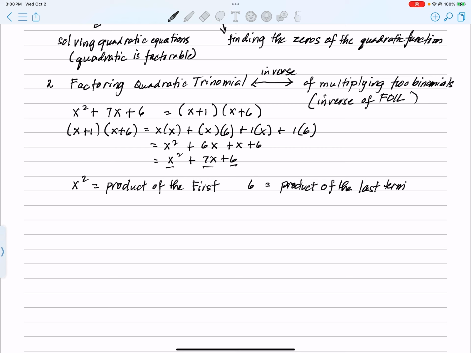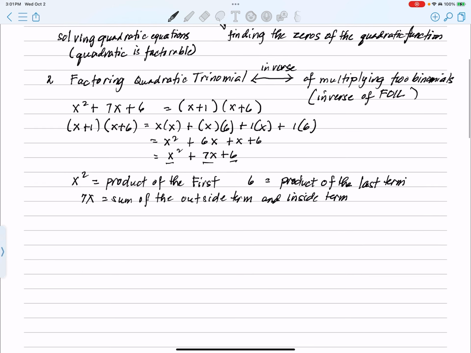So it's not the product, but it is the sum of the outside term, which is 6x, and the inside term, that is 1 times x. Okay, I hope you remember this when you did your Algebra 2.